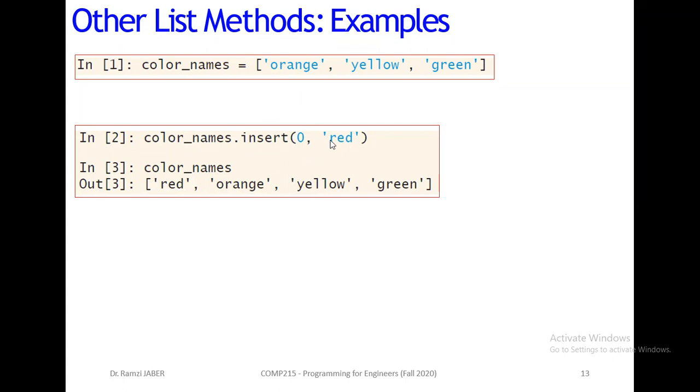So now the new list will be: the first element will be red, the second will be orange. Okay? Any question here? Okay. If you want to add a red color between yellow and green, what should I change here?